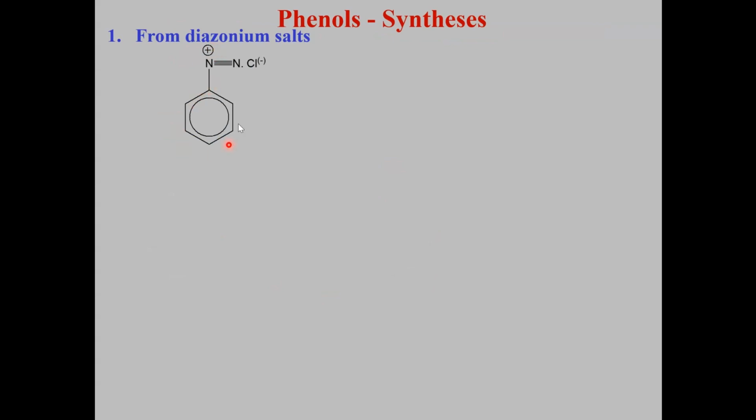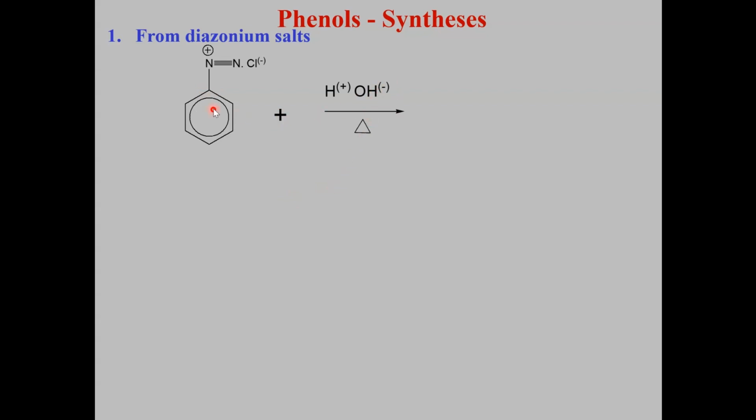In benzene diazonium chloride, the diazo group is attached to the phenyl group, and this azo group nitrogen is electron deficient as it has 4 bonds in it. As this is deficient, it pulls the electrons from the carbon to which it is attached and makes this an electron deficient center. I take benzene diazonium chloride and treat it with OH minus and heat it.